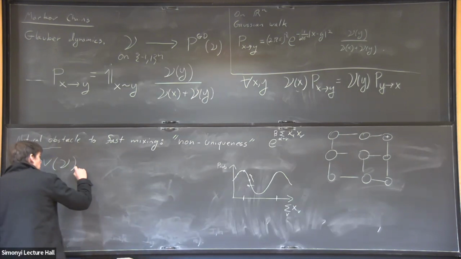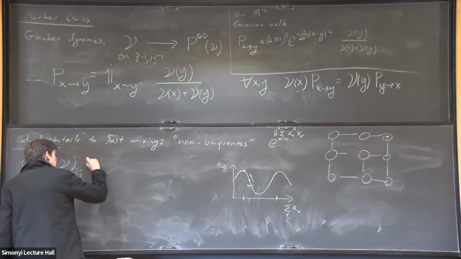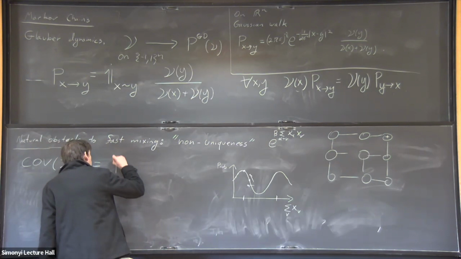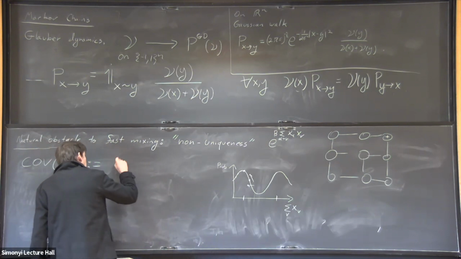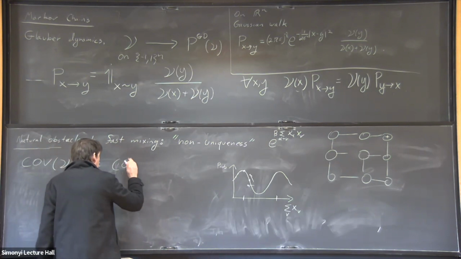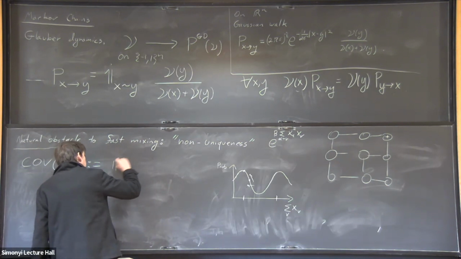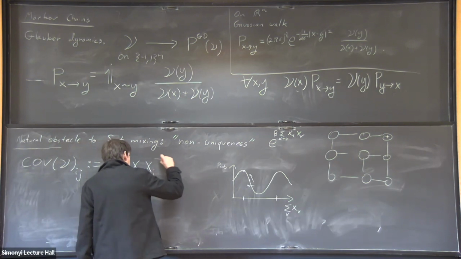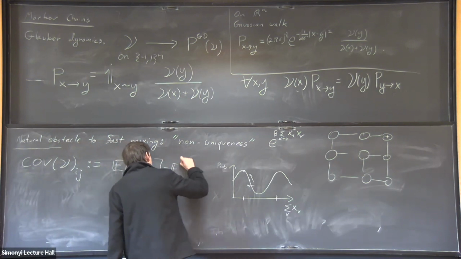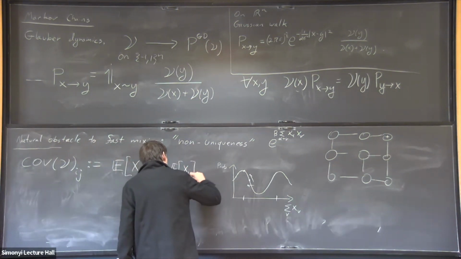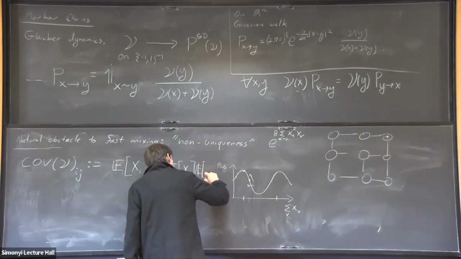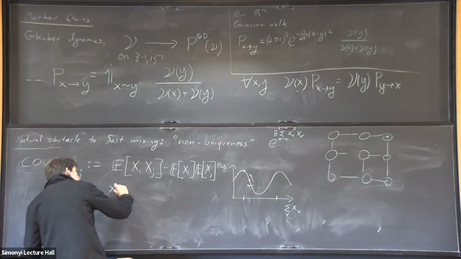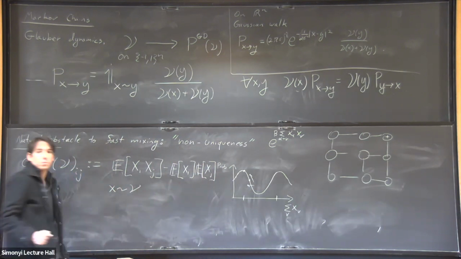This is just defined to be the matrix whose ij-th entry is the covariance between X_i and X_j, when X is distributed according to mu.